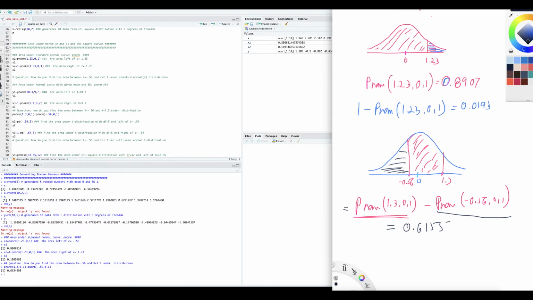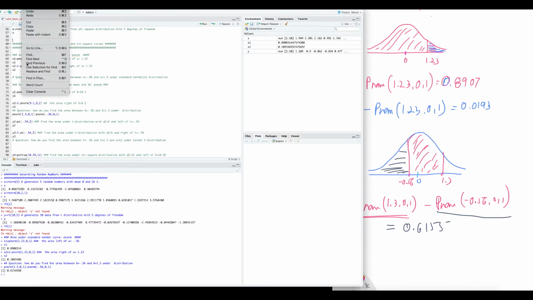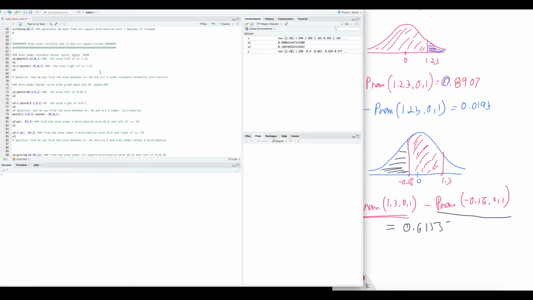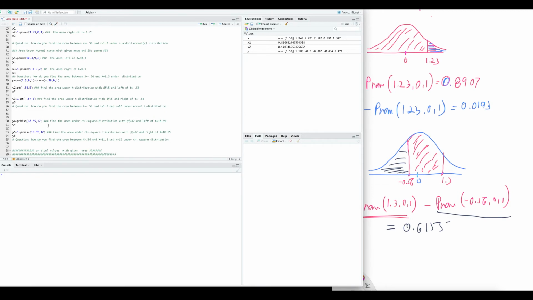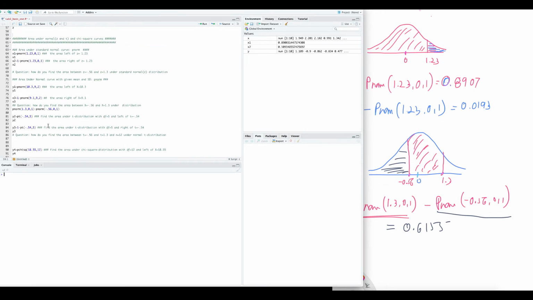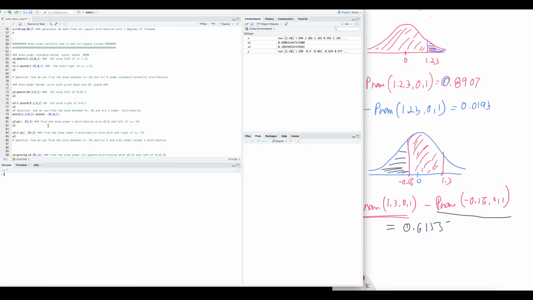All right, so let me clear the console here. Next is the area under a normal curve with given mean and standard deviation.